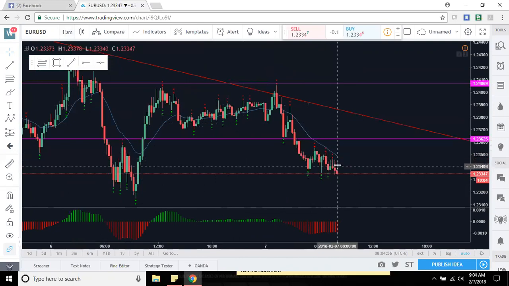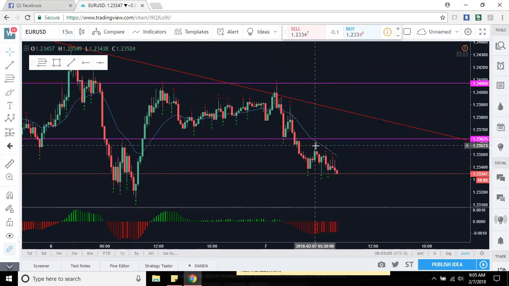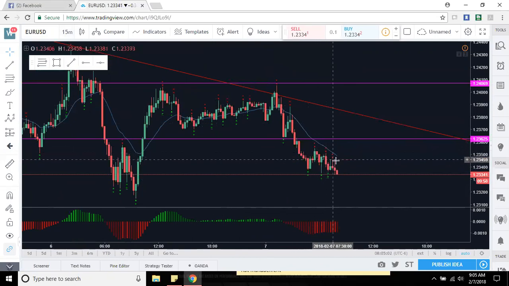Notice right here, guys, right? Fractal high, fractal high, fractal high. Each of those fractals to the high have gotten lower and lower, right? Each of these ones to the bottom have stayed the same. So what this is, let me draw it for you. They call that a bearish pennant.